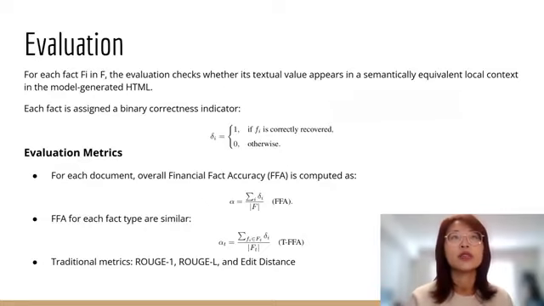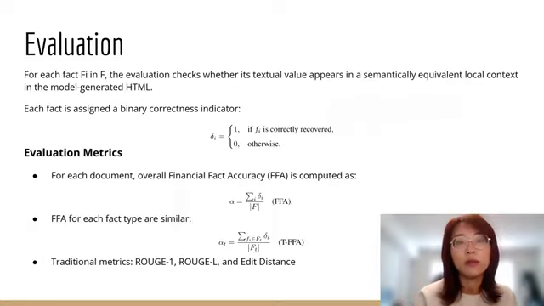Our evaluation here is pretty straightforward. We only have a binary flag showing whether each output is correct or not. If it is absolutely correct, 100% correct, without any errors, we put it as 1. And if it has any errors, even a small one, we put it as 0. For evaluation metrics, we have 2 types. One type is the traditional OCR metrics, which are ROUGE-1, ROUGE-L, and edit distance.